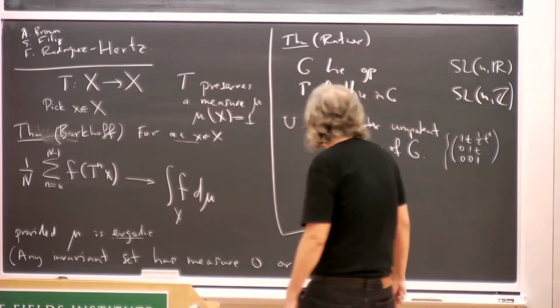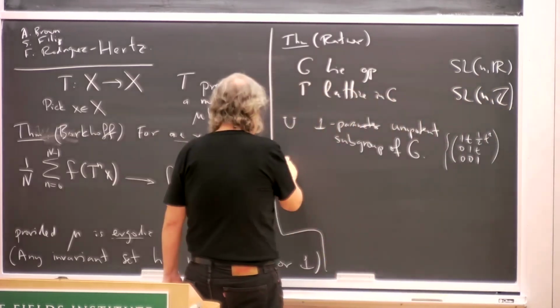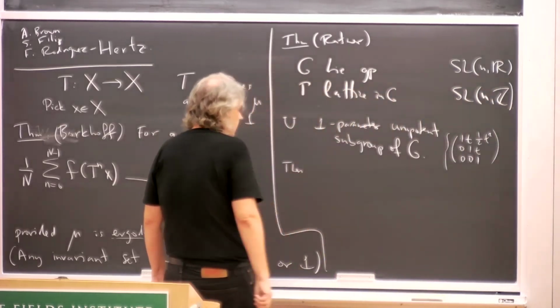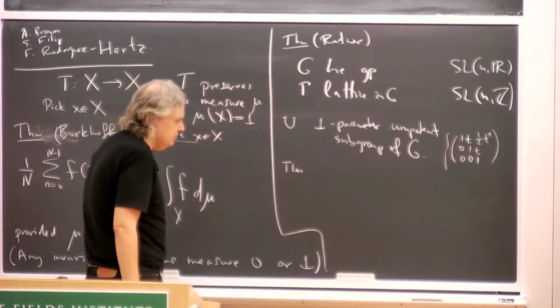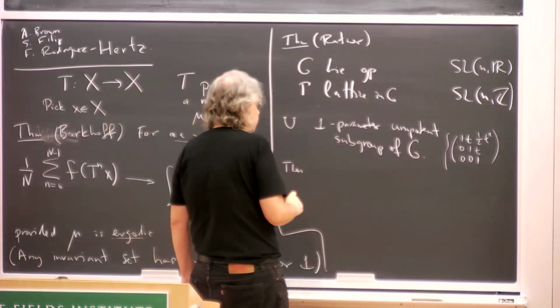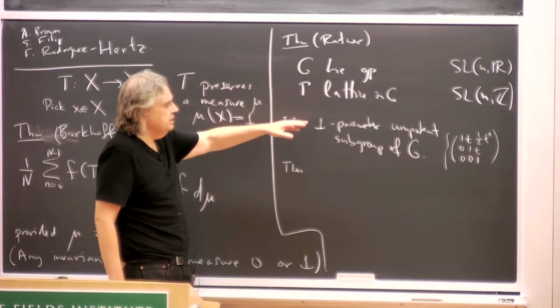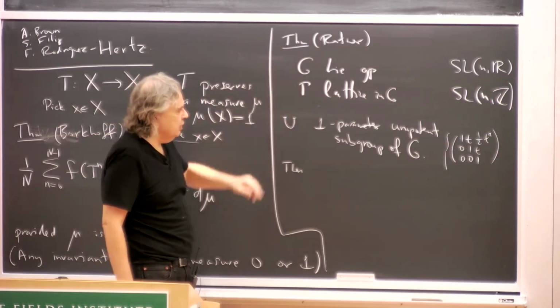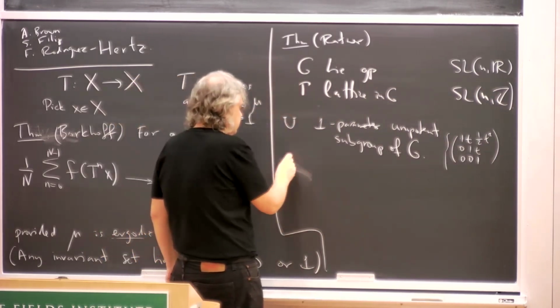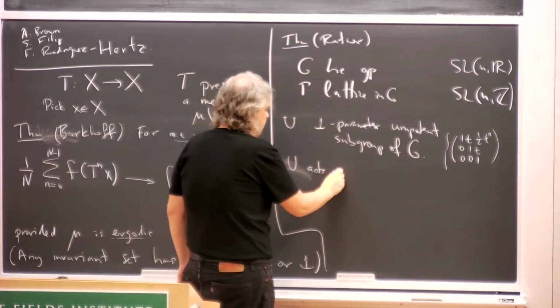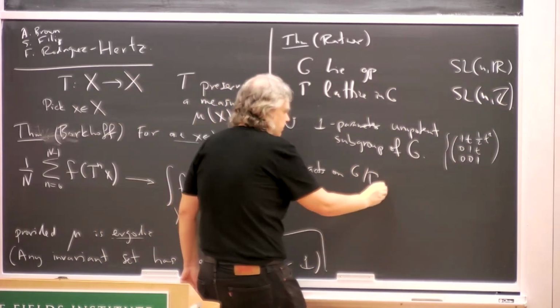And so what is the theorem? There are three statements which are basically all trying to say that in this system you can understand the orbit of every single point. First, what is the system? U acts on G mod gamma by left multiplication.